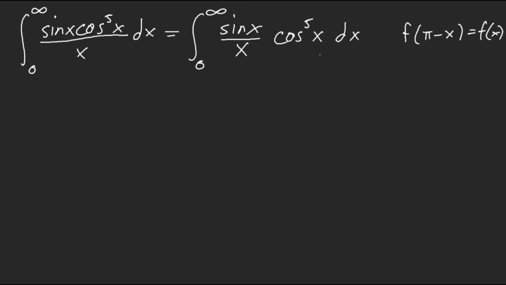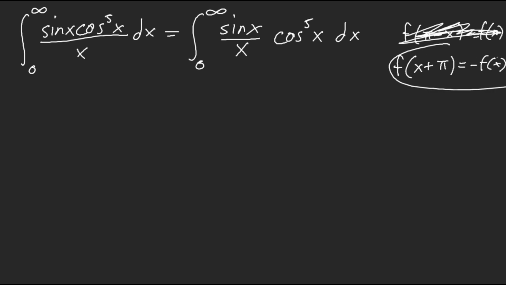It becomes negative. If it's a negative version of that, then that must mean something. What about x plus pi? If you put in x plus pi, you also get the negative version. All right, cool. Then we'll do the cosine Lobachevsky instead.